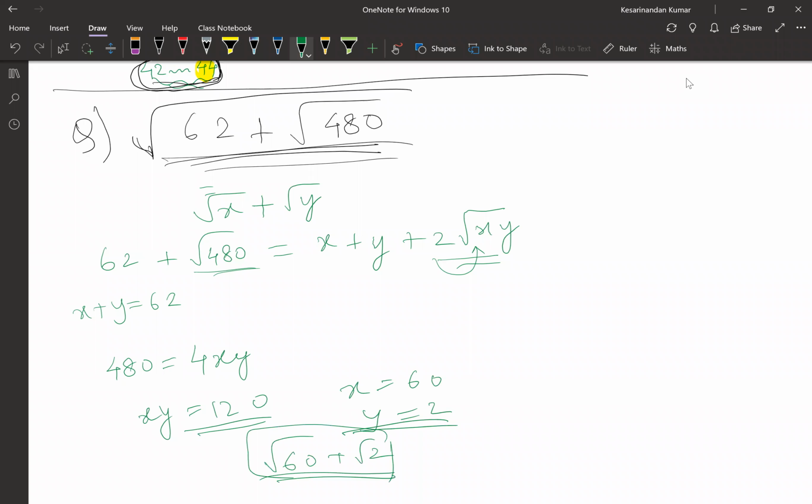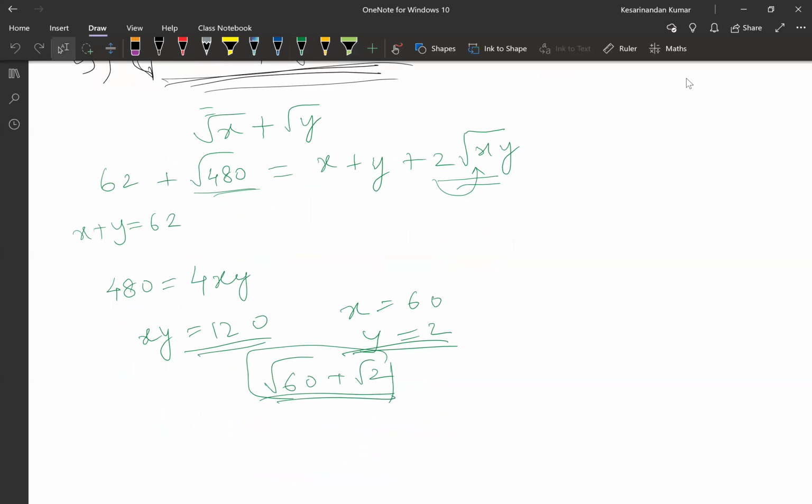Had anybody submitted the answer? Because my chat box is empty as I joined later. I could not see it. Kesari, actually I got the answer, but I didn't understand which to consider as 60 and which to consider as 2. Does it matter? Because what I did was I just took a quadratic equation. Does it matter which one you get 60, which one you get 2? Correct, it's addition. Tell me, first I write surname, then name, or first I write name, then surname.